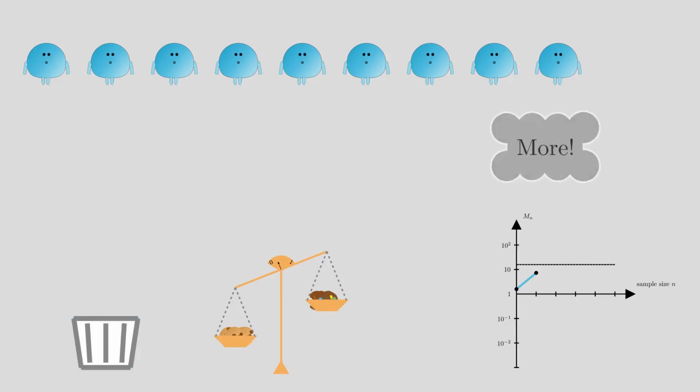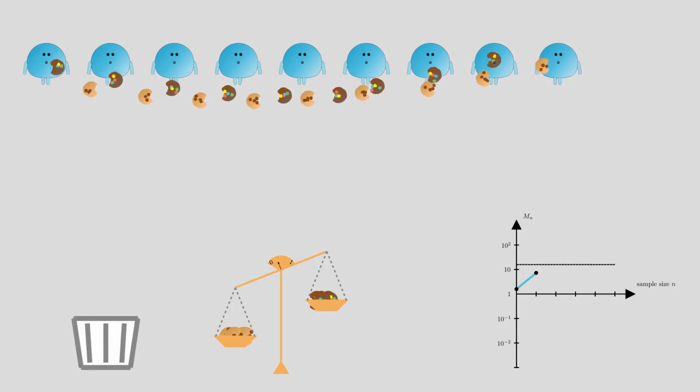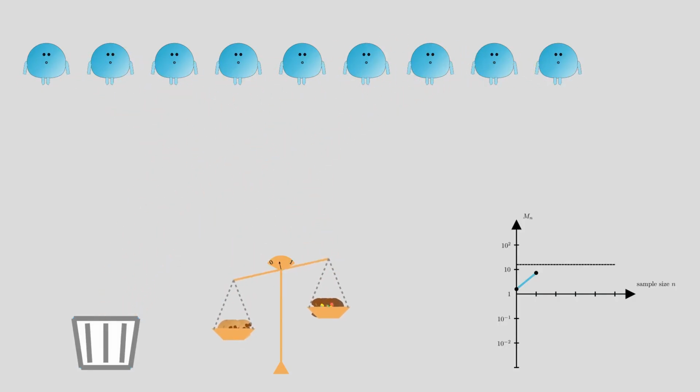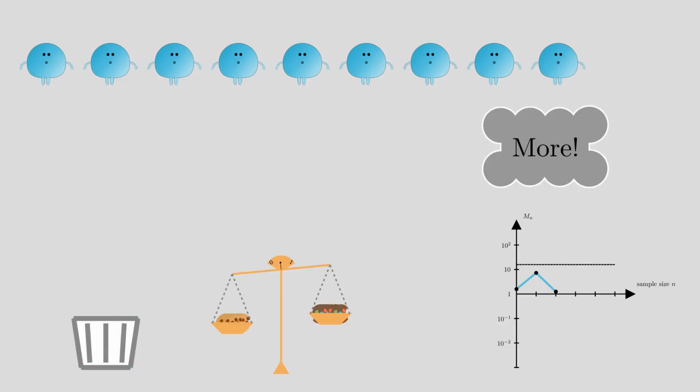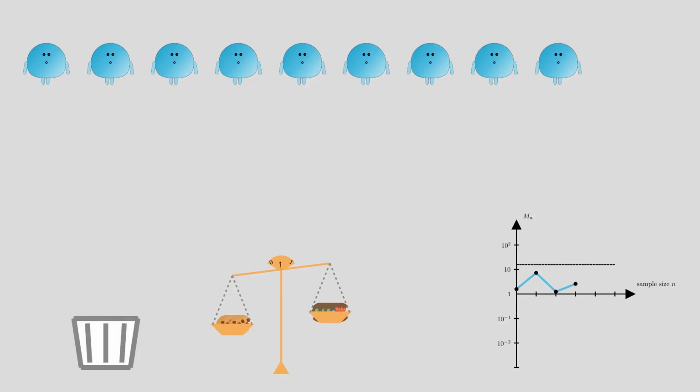Not enough. Let's eat more. There is a new likelihood ratio. Not enough evidence. Let's eat more. Bob can continue this until he goes beyond the threshold or until he gets sick. Whatever his reason for stopping, the false positive rate remains controlled under 5%.